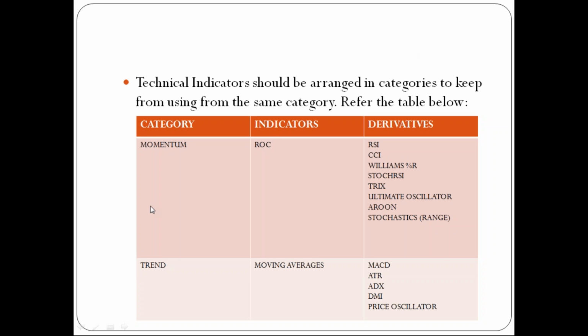Suppose momentum. Momentum indicators tell us the rate of change of price, right? RSI, CCI, Williams, Stochastic RSI, TRIX, ultimate oscillator, Aroon indicator and stochastics are telling us the same thing. They are telling us the rate of change.